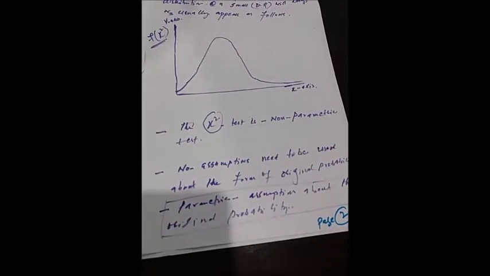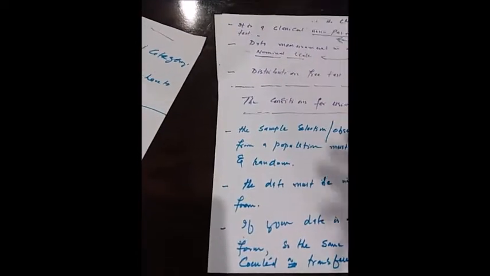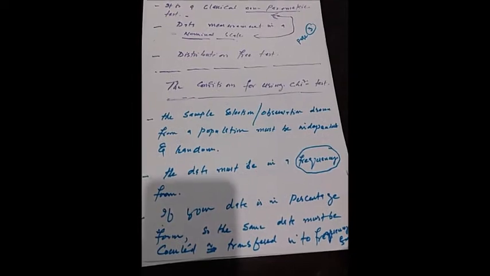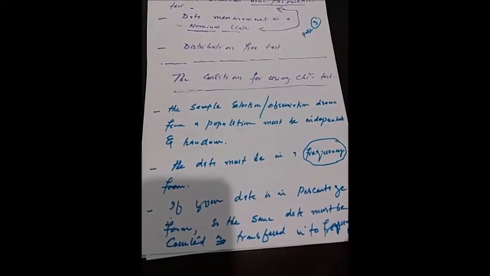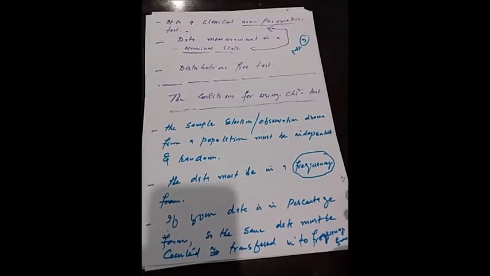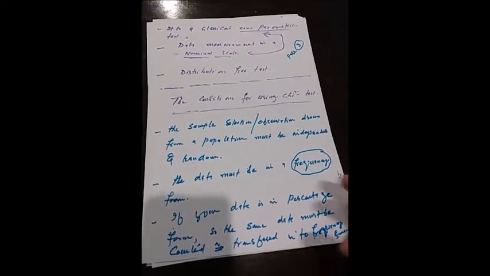Then on the third page, we described the conditions of the chi-square. In which conditions is chi-square used? We have three conditions where we can use the chi-square.